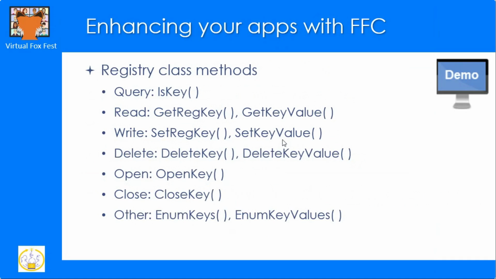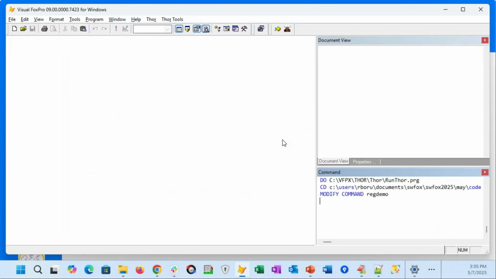I'm not going to delete anything here because I don't want to monkey with my registry on a demo, but they do exist. Open and close key are sort of internal. They return or reset a numeric value that the registry class uses internally for the rest of its functionality. And finally, there are a couple of enumeration methods where you can enumerate keys and or key values. So let's take a look at some demos for those.